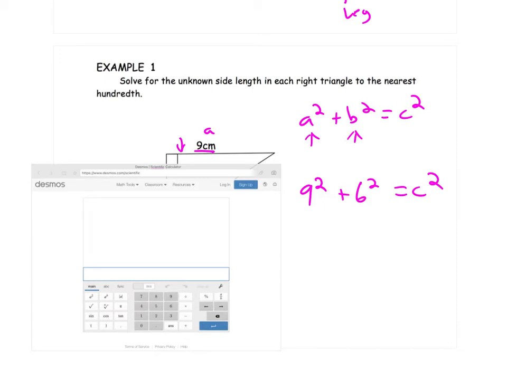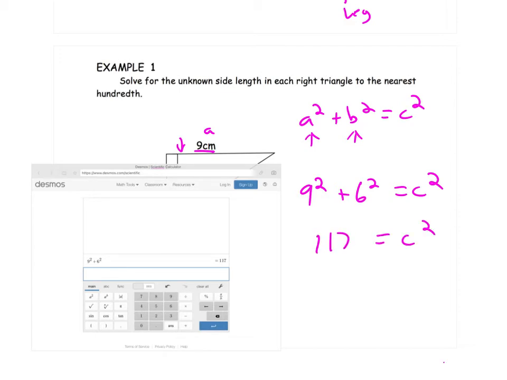Okay, so this is where we're going to start to use our calculator. So I'm going to do 9 to the second power, and we're going to add 6 to the second power, and I get this number here, which is 117. So my last step then, so this is going to be 117 on this side, is going to be equal to c squared.